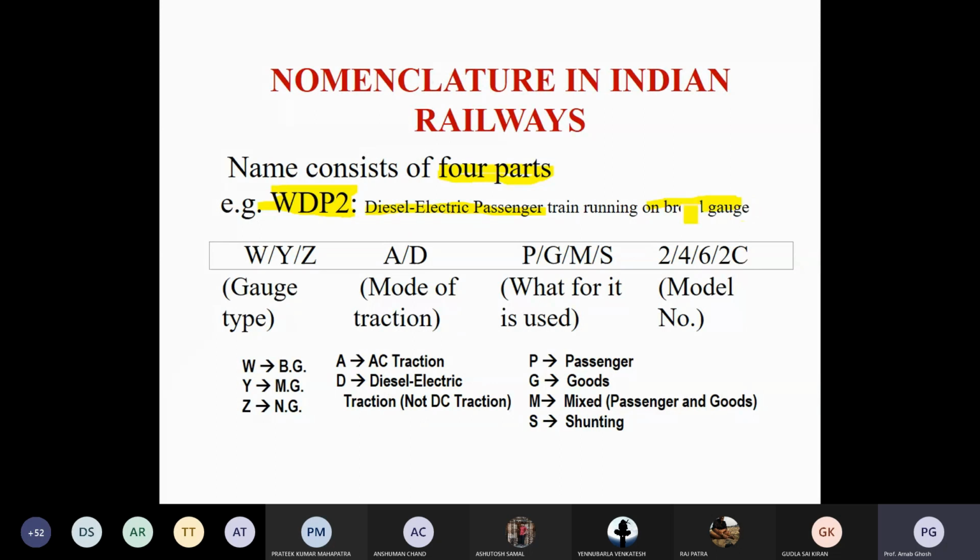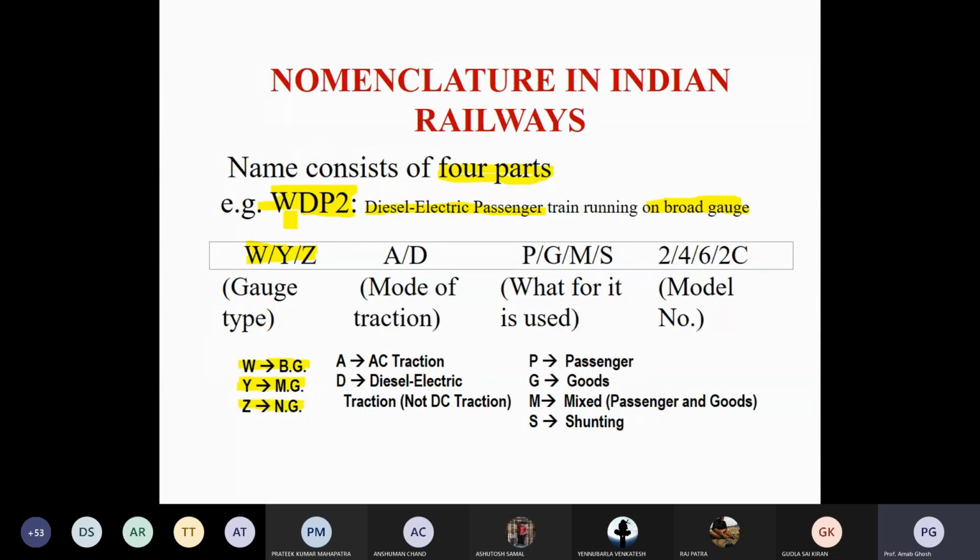How do you understand them? The gauge you can understand from W, Y or Z. W stands for broad gauge, BG, B for broad, G for gauge. Y means medium gauge, and Z is narrow gauge.